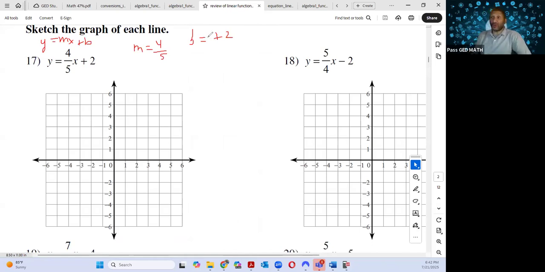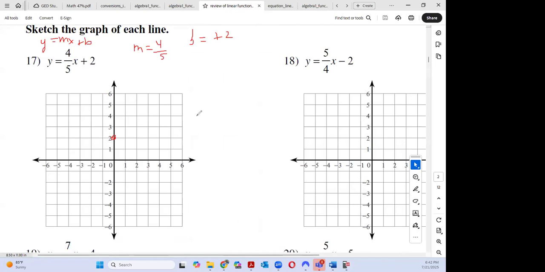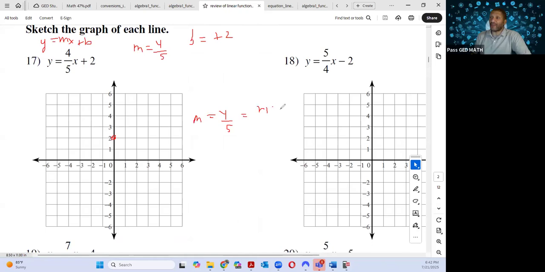I need 2 points to graph. When I see a graph, I'm thinking rise over run. From the y-intercept, I'm going to go up 4: 1, 2, 3, 4. And I'm going to go over 5: 1, 2, 3, 4, 5. Now I have my 2 points. Connect my line.